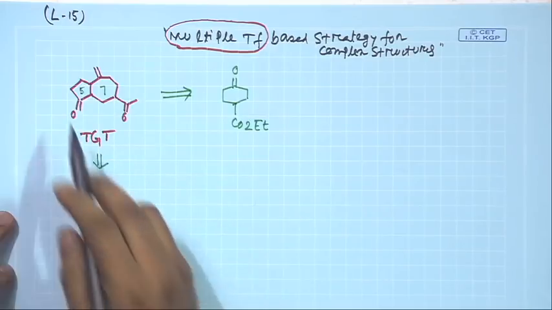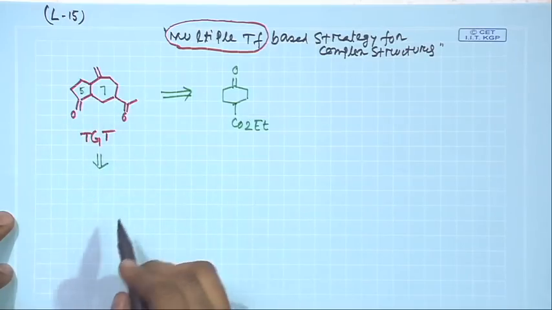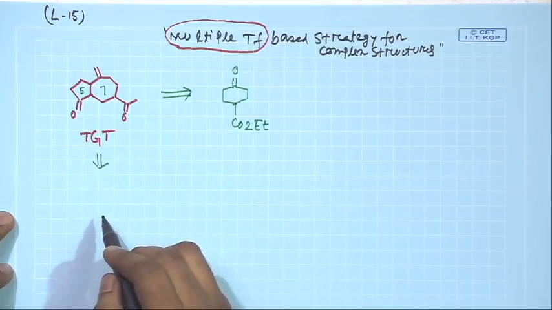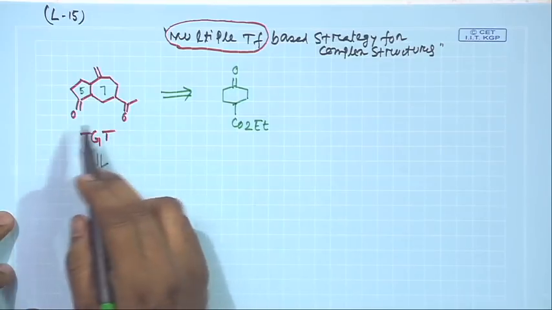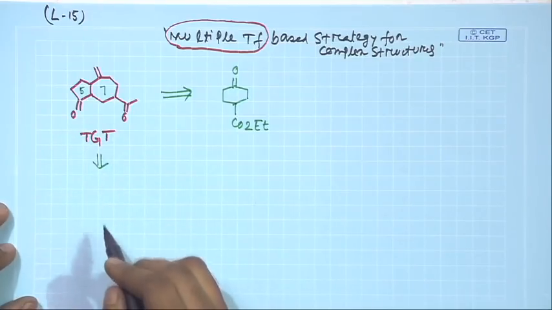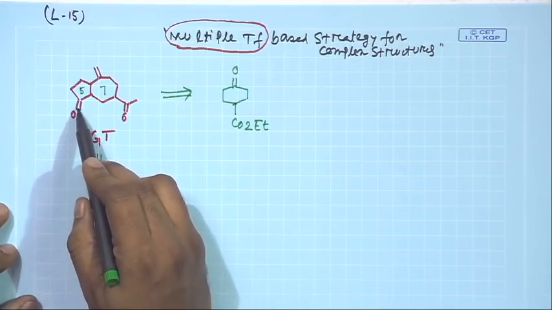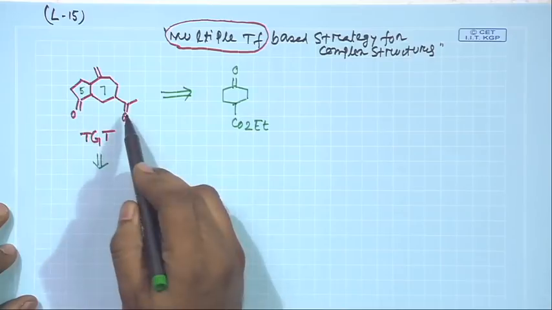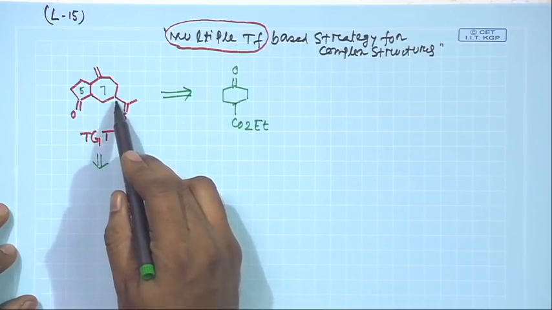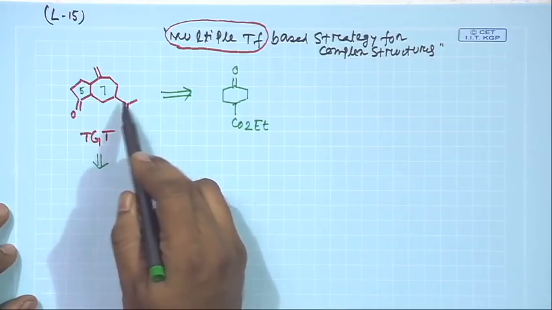Now, see there are 2 carbonyl functional groups. It means that somewhere down the line you need to protect one of the carbonyl groups based on the required transformation. In one case you are having a ketone which is part of the ring, in the other case you are having a ketone which is a functional group, a COCH3 which is hanging.